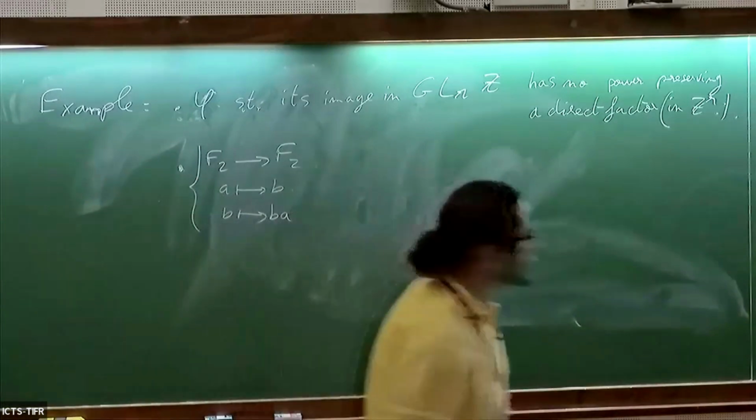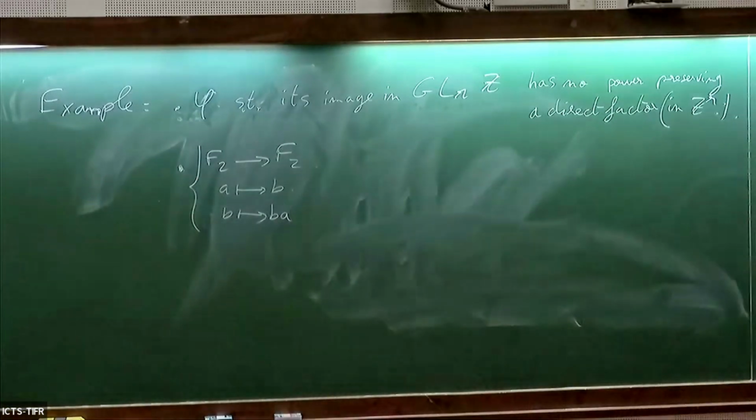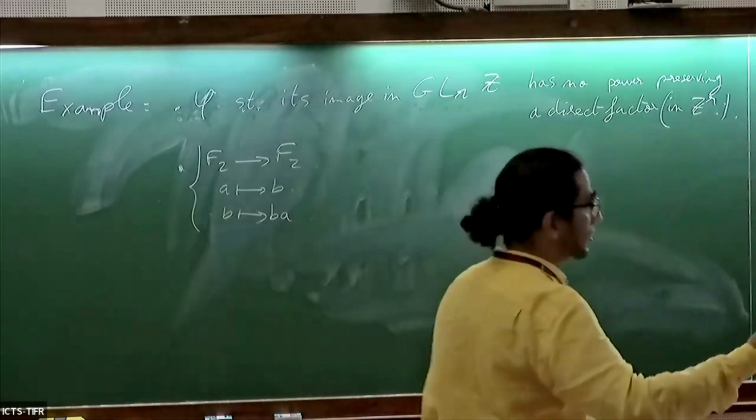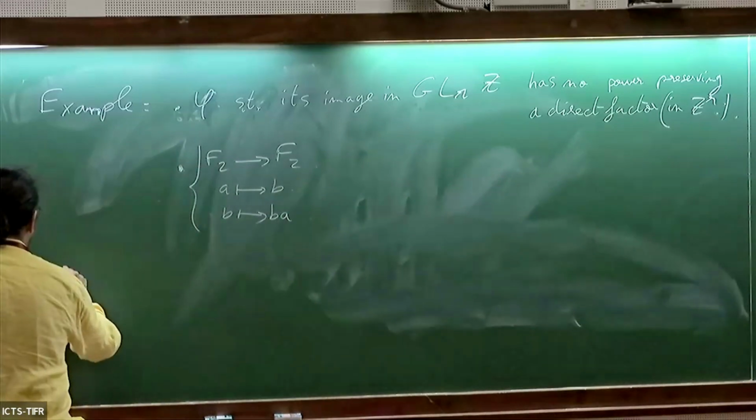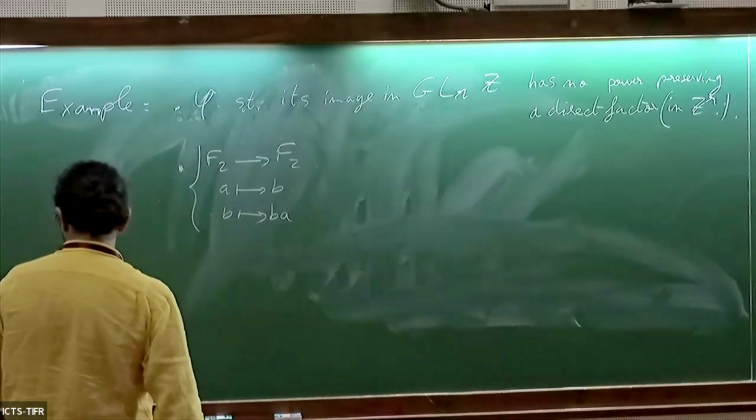Another property, so properties, I made plural, properties that outer automorphisms of F may or may not have. Perhaps some of them are fully irreducible and some of them are not. Another property is being atoroidal.